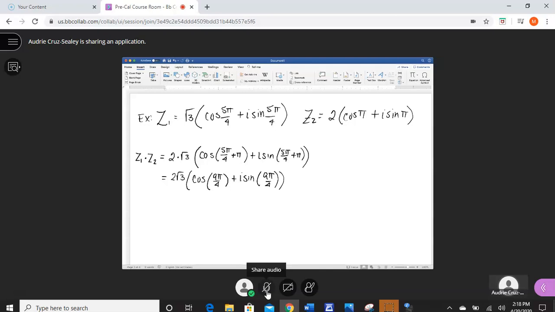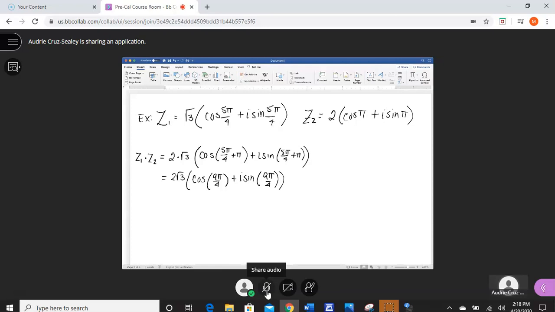Now, this is an allowable answer to me. I would take this, 2 the square root of 3 cosine of 9 pi over 4 plus i sine of 9 pi over 4. This is absolutely fine. I would totally take this. In WebAssign, it might constrict your angle. I don't know if it does or if it doesn't. I haven't done your homework. I don't do your homework. But if it does constrict your angle, well, then you have to fix it.